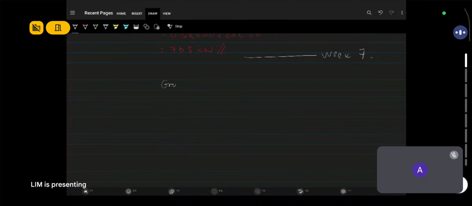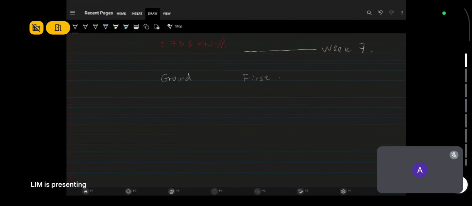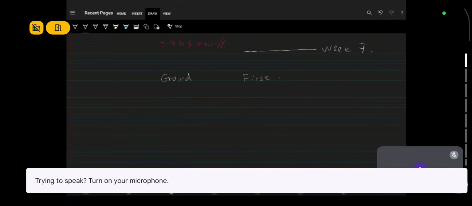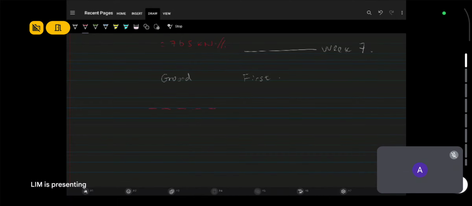You have ground floor, you have first floor. I'm doing a two-story, so there's a ground and first floor. So let's say the building plan that you obtained looks like this.